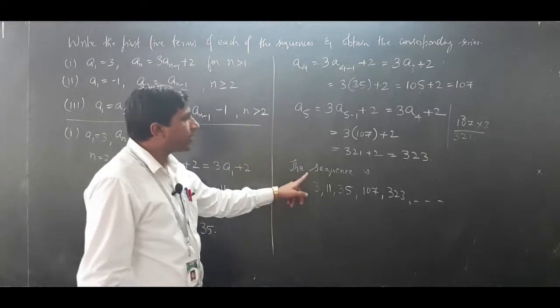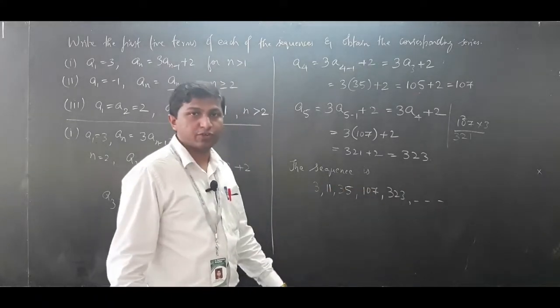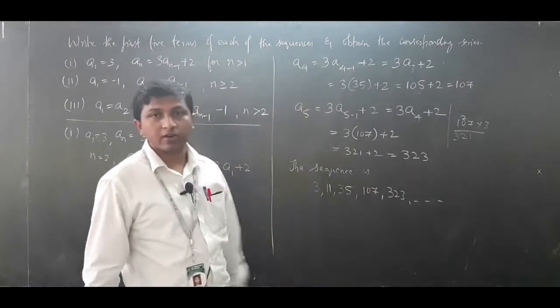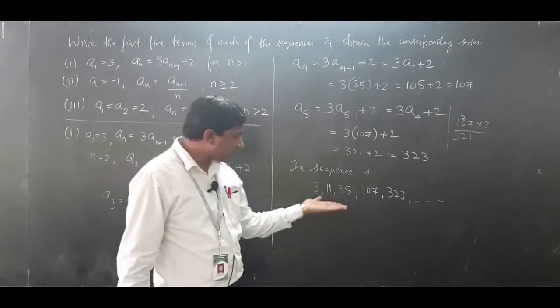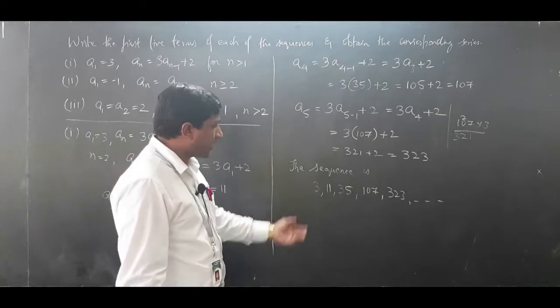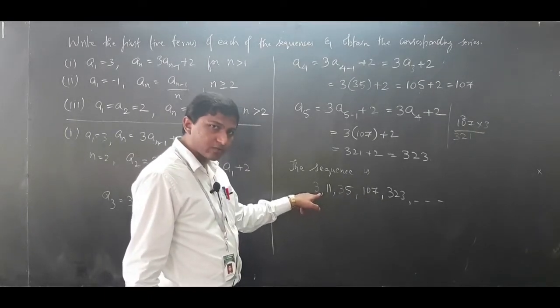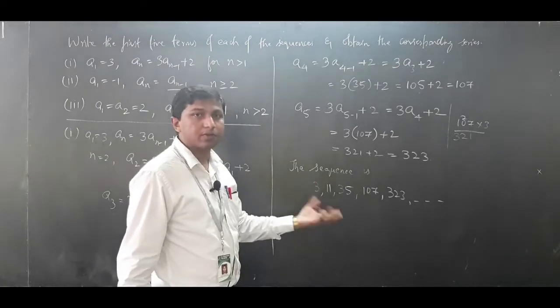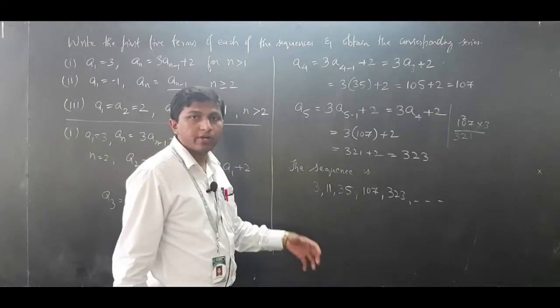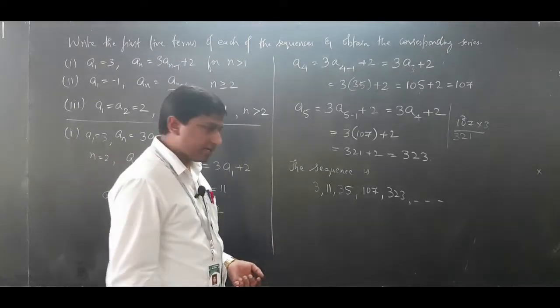Now that we have written the first 5 terms of the sequence, how can we write the corresponding series? What is the series associated with this sequence? As simple as that, I just replace the commas with plus signs. I remove the commas, put plus signs in between, and that will be the corresponding series.